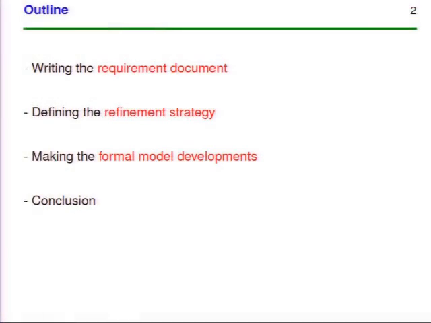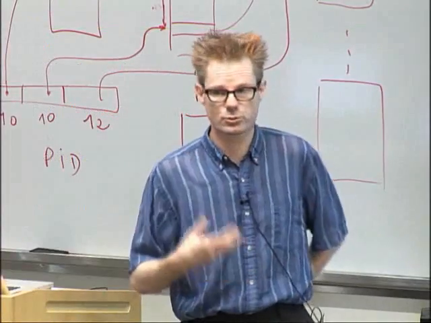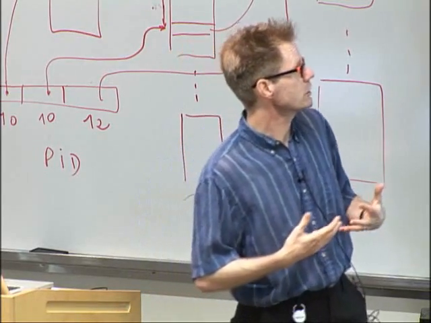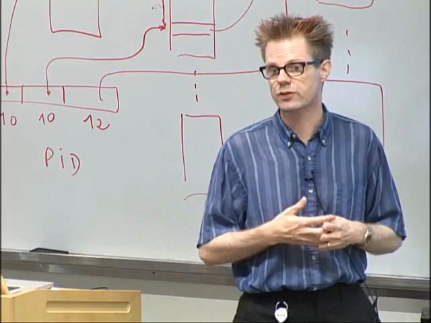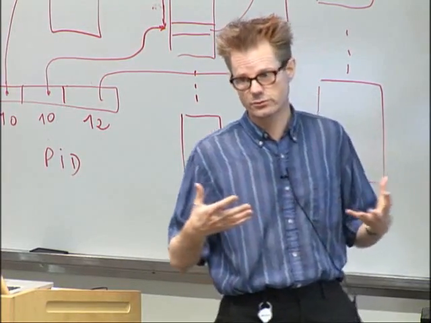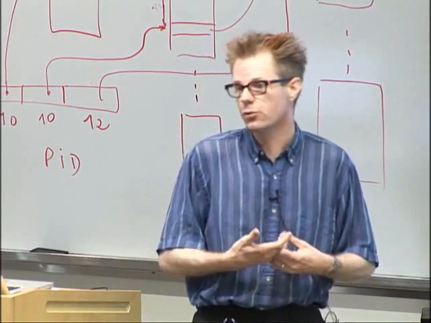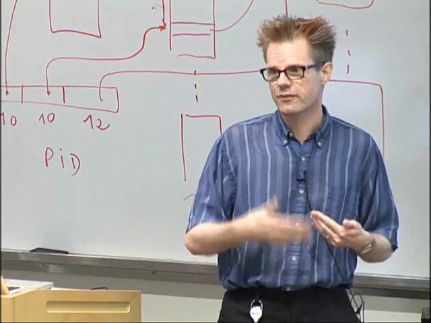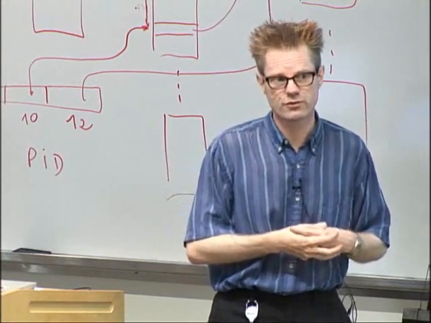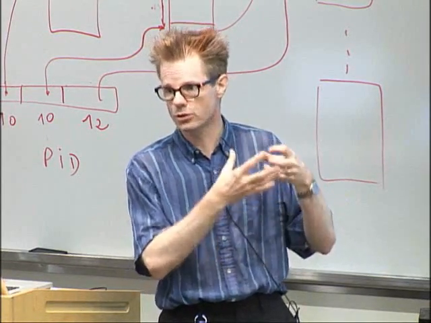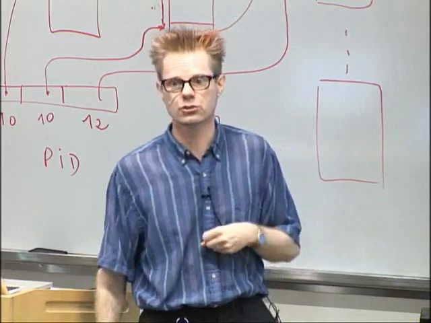All right. The general strategy for doing this kind of work with a top-down development is that we start with a bunch of requirements. We're going to show you a flavor of the requirements that we write. The requirements are stated informally, but as precisely as possible, and then you develop some strategy for doing the refinement, which is to say, we're going to first introduce the following features, and then we're going to introduce more and more detail into the whole thing.